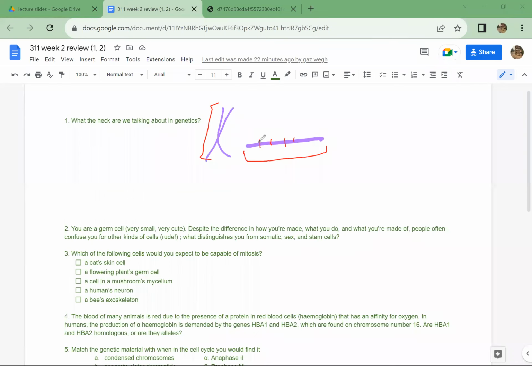And these differences, the ability for a chromosome to have different variations of a single gene, is called an allele. These are two different alleles. And thinking about chromosomes and genes and alleles, you can think of these kind of like a sentence.